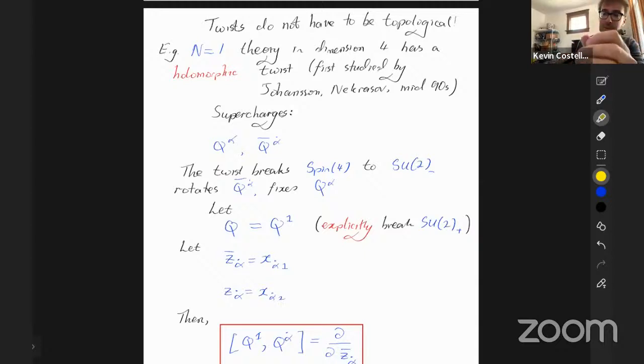So this particular example is not going to really be the focus of these lectures, but I'm just going to spell it out to demonstrate how twists can be holomorphic theories.